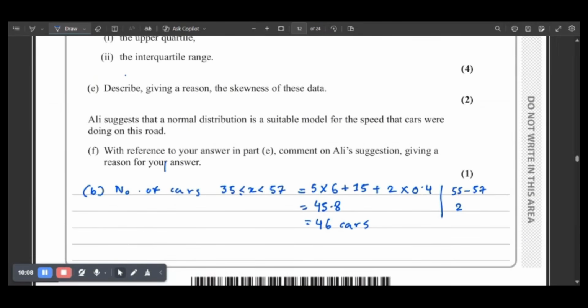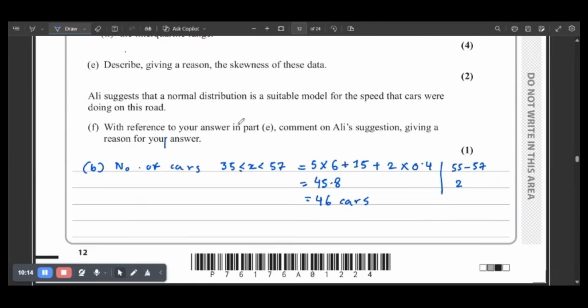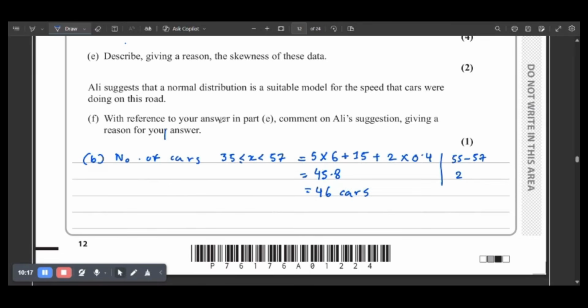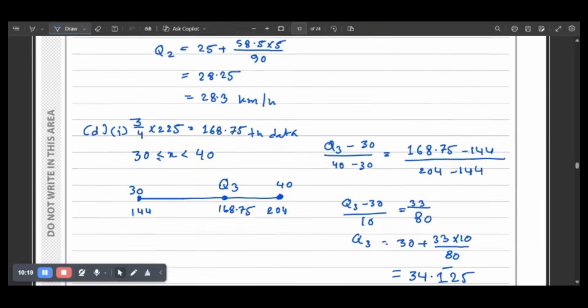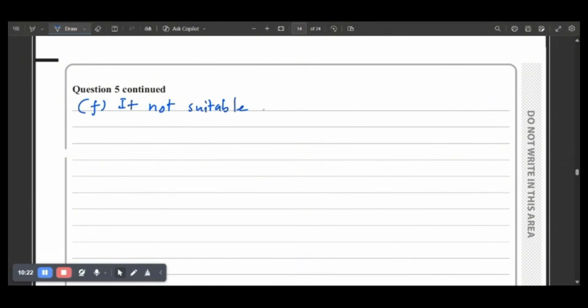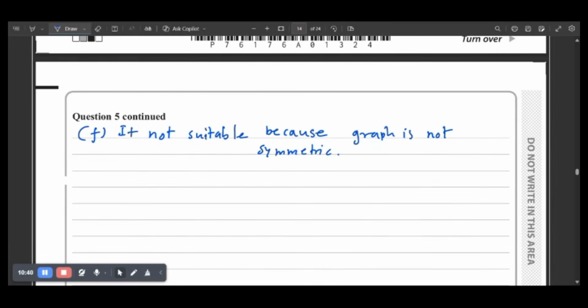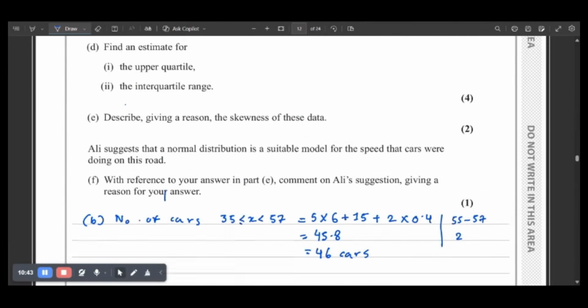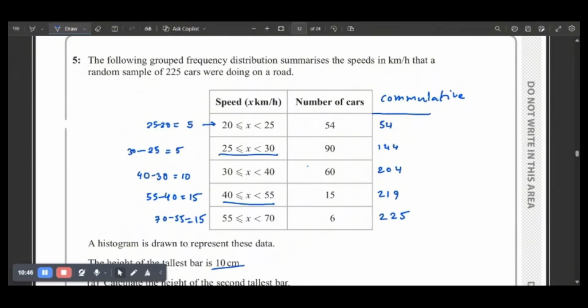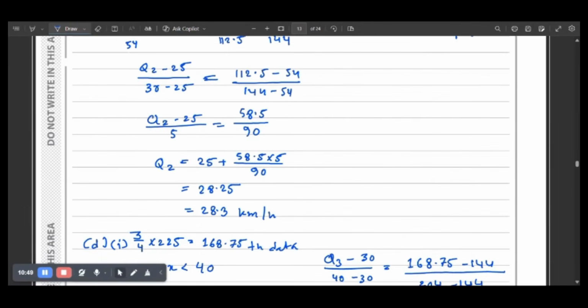But here we see that the graph is positively skewed, so it is not symmetrical. That's why modeling the speed with a normal distribution is not suitable. So this concludes our question number 5. We can now move to question number 6.